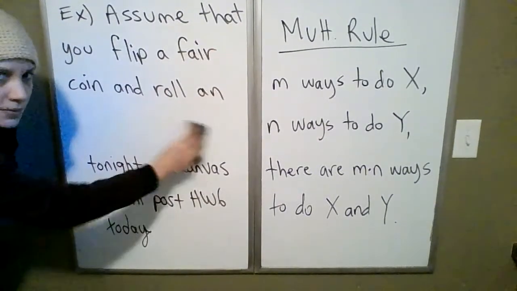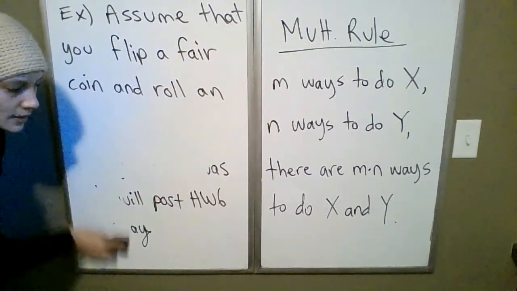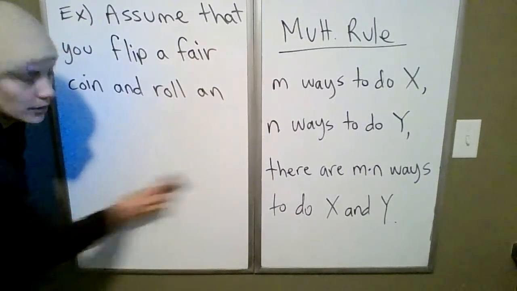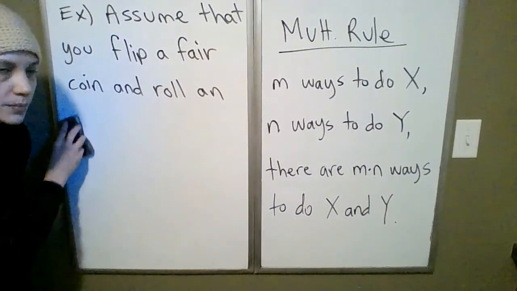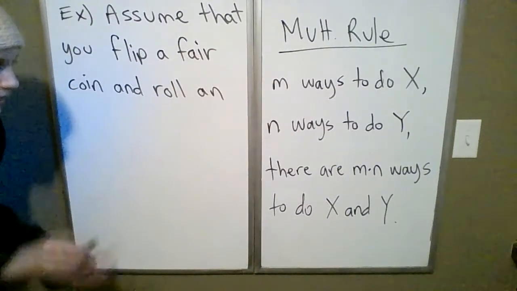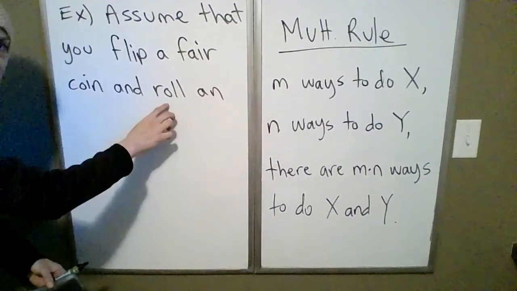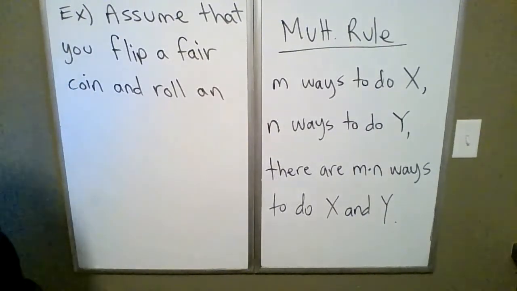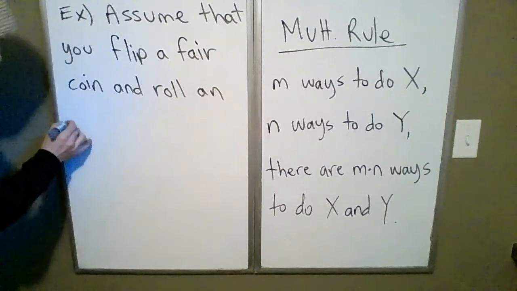So it's not really going to affect the problem when all we're doing is counting, but when you look at probabilities, you do want to know what the chances are of either side of the coin or the die.